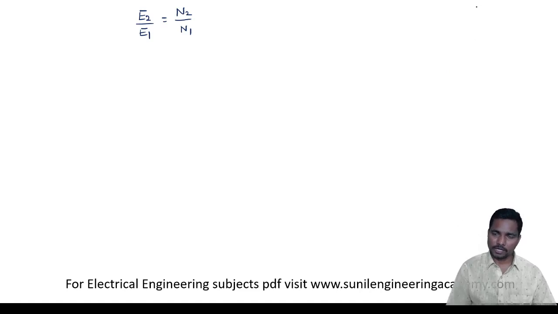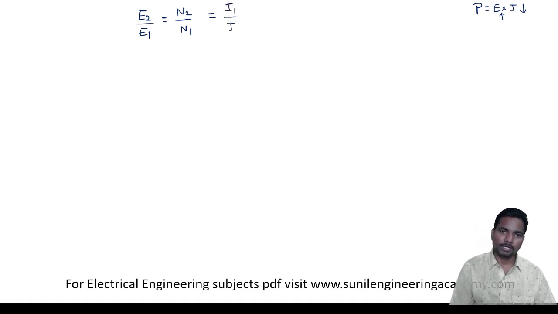We know very well in the transformer, power is constant, so EMF into current is constant. If the EMF is more, current is less, so inversely proportional. Then E2 by E1 is nothing but I1 by I2. And current is always with respect to the area of the conductor.